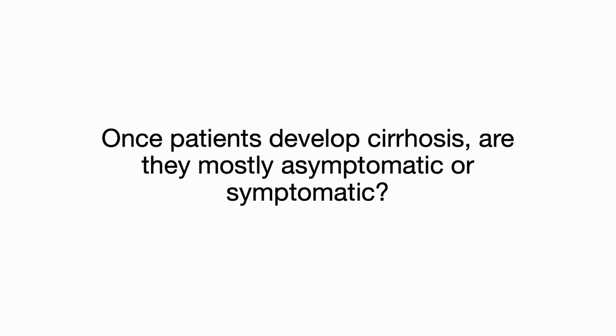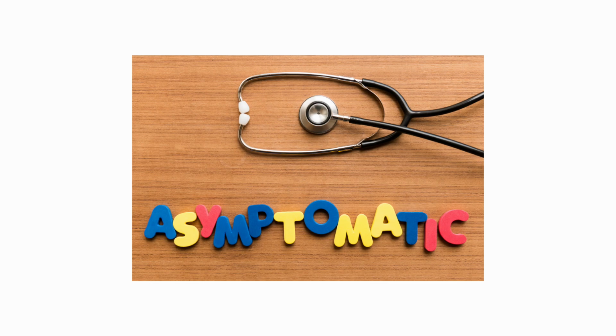Once patients develop cirrhosis, are they mostly asymptomatic or symptomatic? Cirrhosis is frequently clinically asymptomatic and progresses insidiously in its early stages. Typically, a patient may do well for a decade or longer before the development of decompensation, which marks the end stage of cirrhosis.